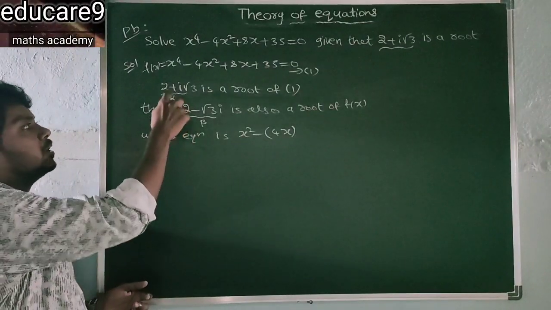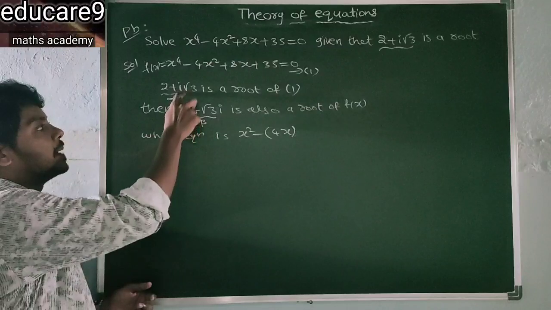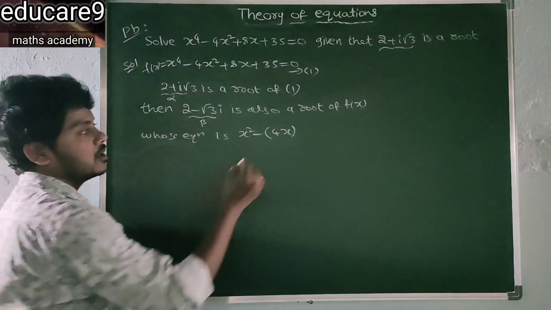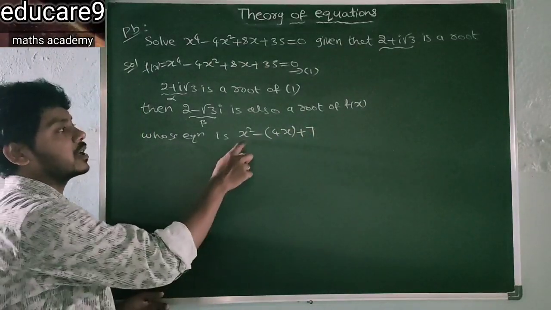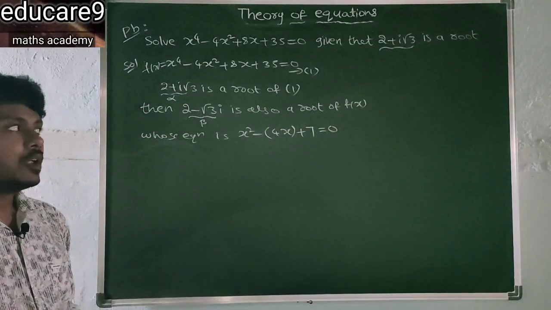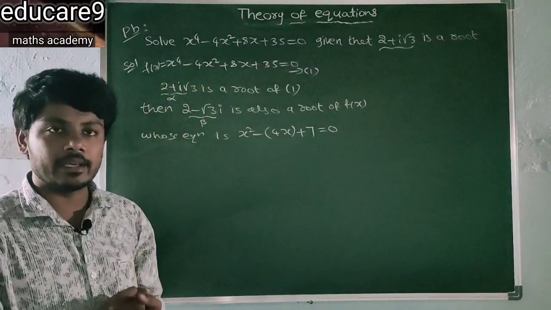And the product of the roots, that is 2 into 2, 4, minus 3i square, that is plus 3, you get 7. So this is the quadratic polynomial equation. Now using this polynomial, you can find the remaining roots.